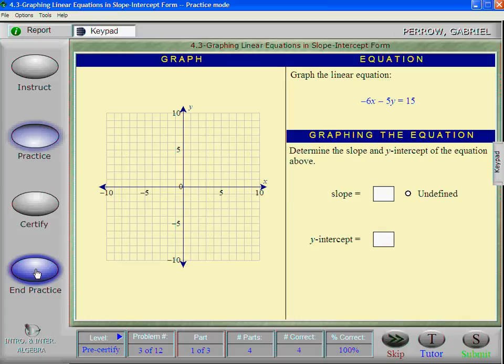This is what I'm expecting. So in the slope position, the m value, I'm expecting -6 divided by 5, and I'm expecting a -3 in the other position.